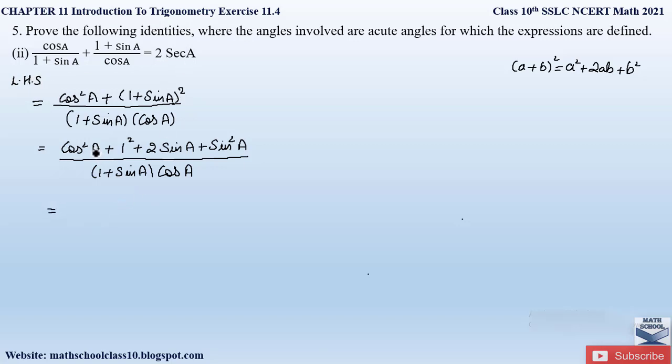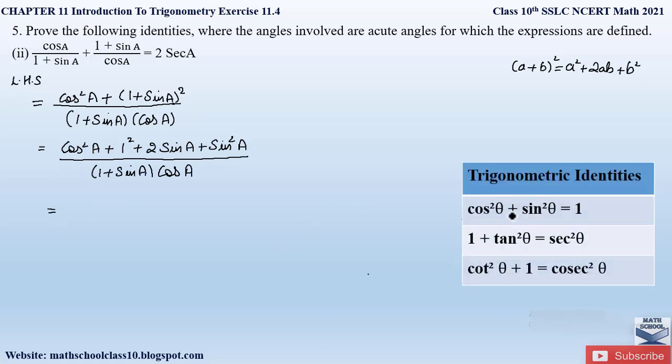Okay. Here from the identity, we already know from our first trigonometric identities, cos square theta plus sin square theta is equal to 1. So here again we have cos square A plus sin square A. So this cos square A plus sin square A according to our trigonometric identity will be equal to 1. So we know that sin square theta plus cos square theta is equal to 1.